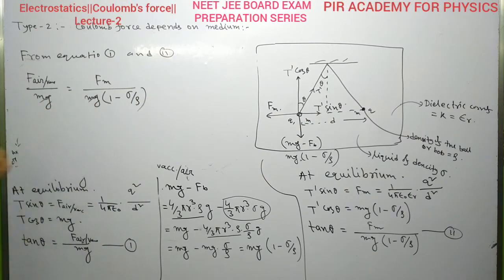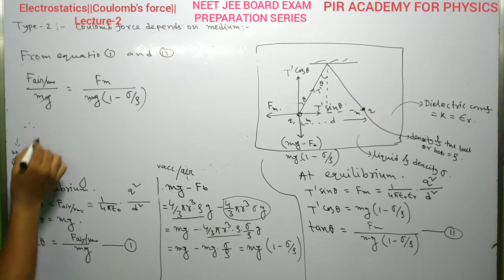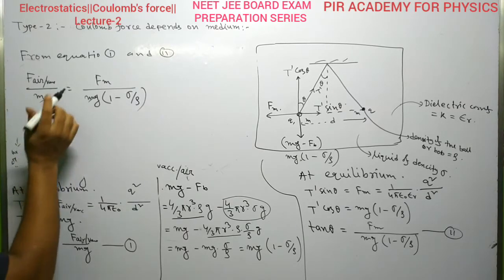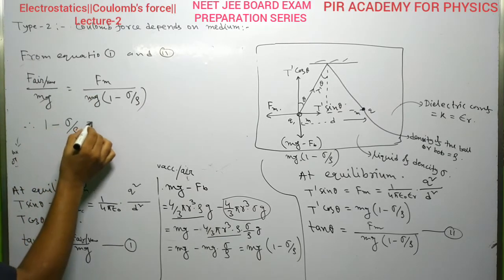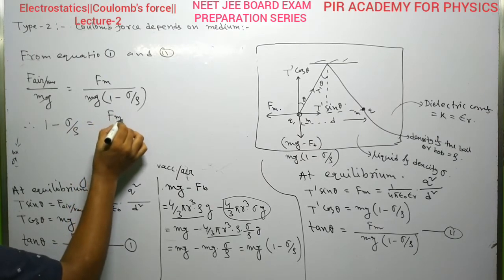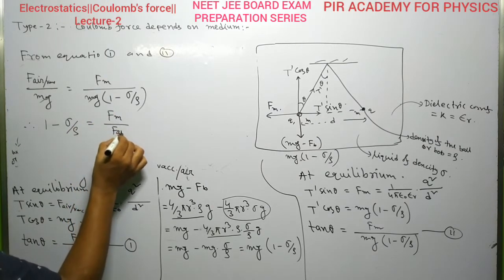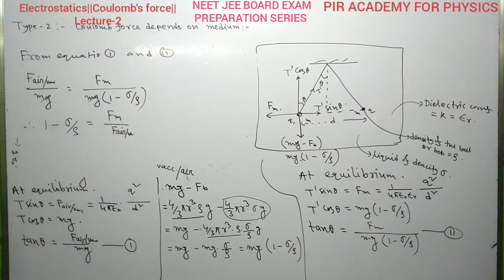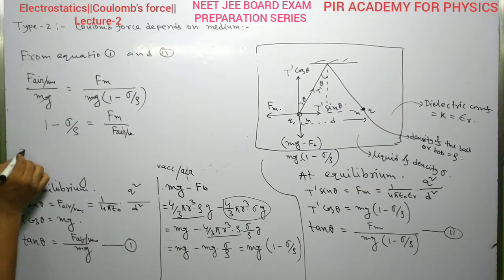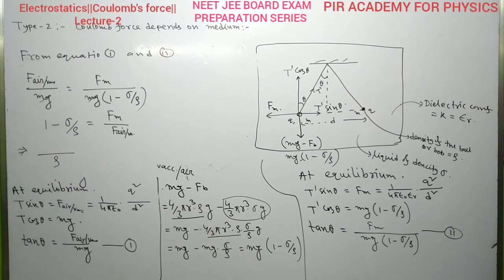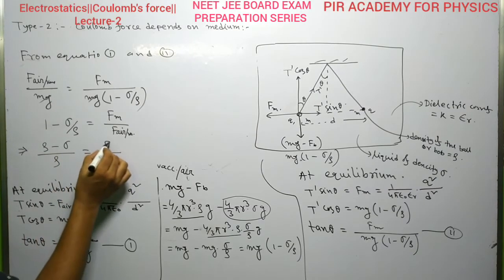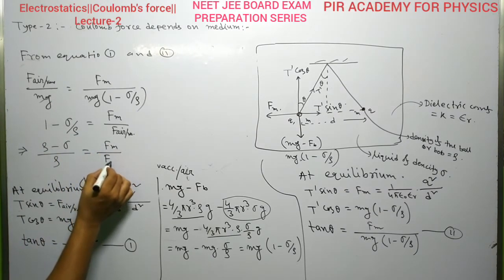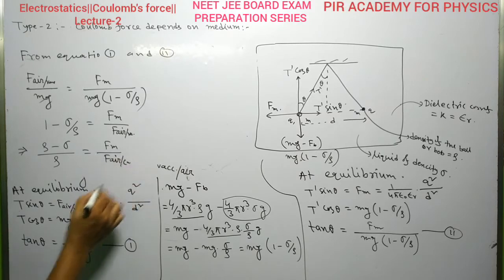This mg will cancel out. So 1 minus sigma by rho equals F of m divided by F of air or vacuum. That means rho minus sigma by rho equals F of m divided by F of air or vacuum.